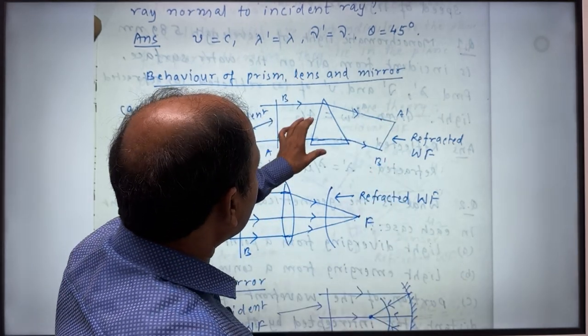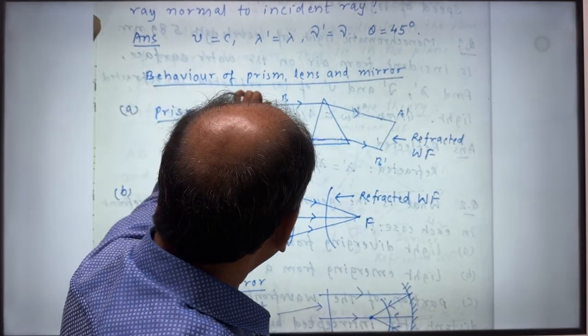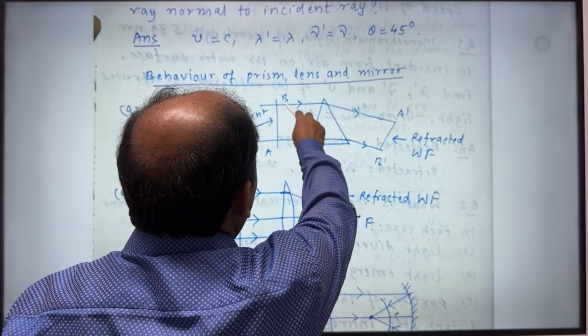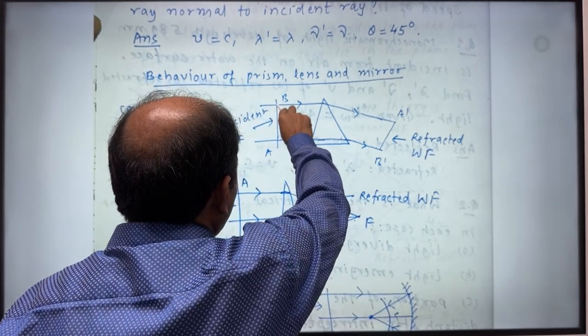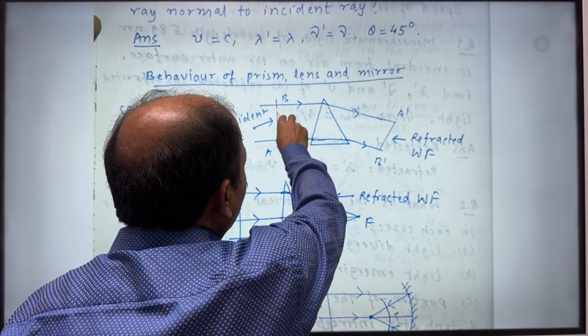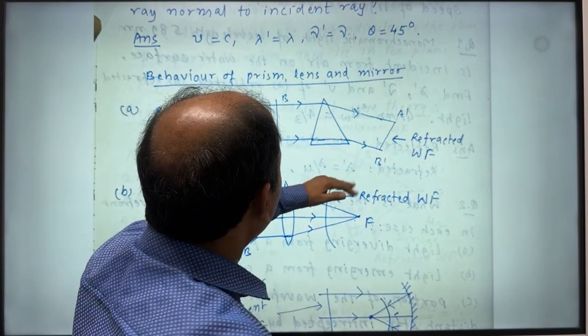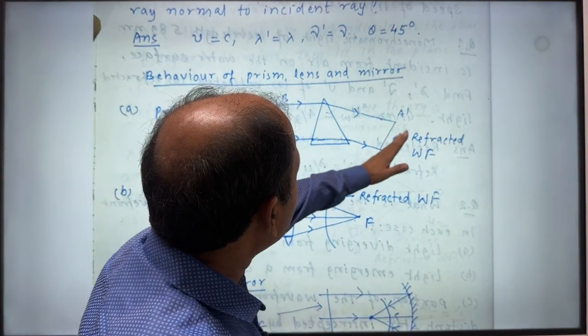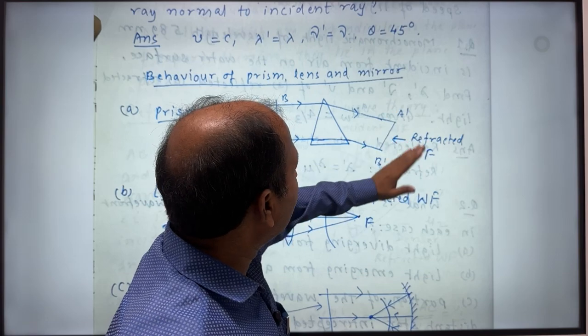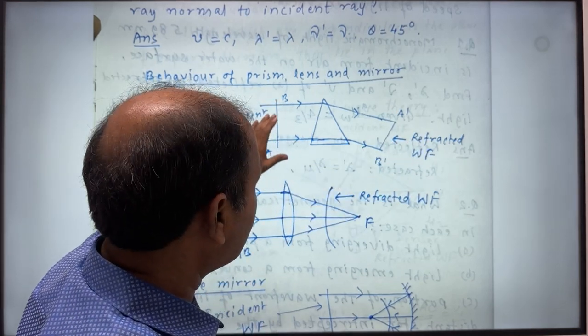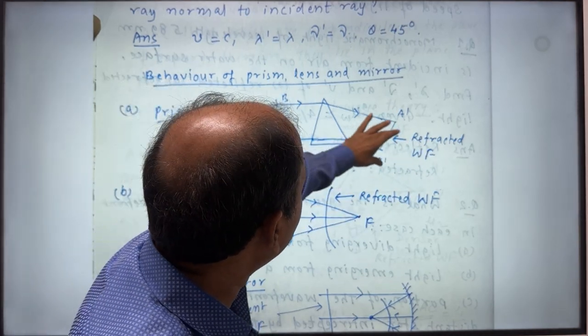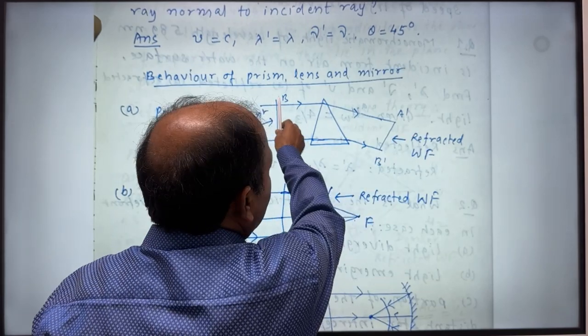So during time t, the source, or you can say the point that is vibrating and moving, or you can say photon, if it reaches here, then this will reach up to here. So this is a refracted wavefront. You have to remember why there is bending here.